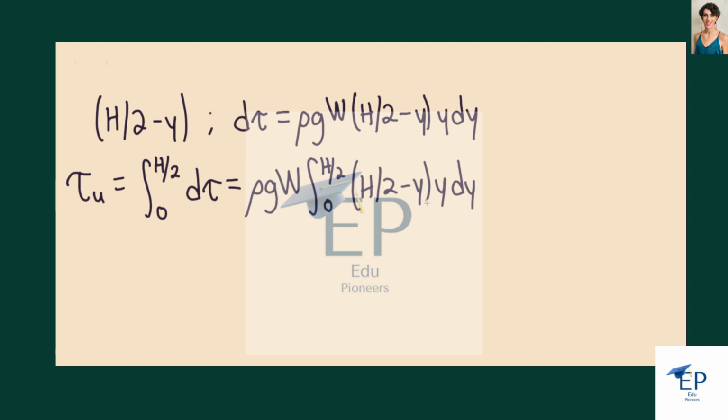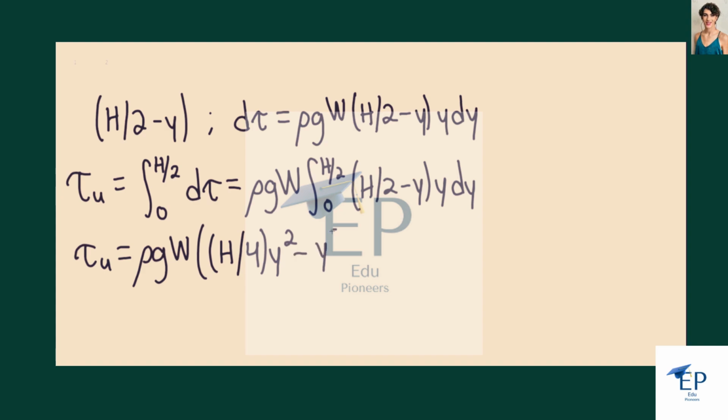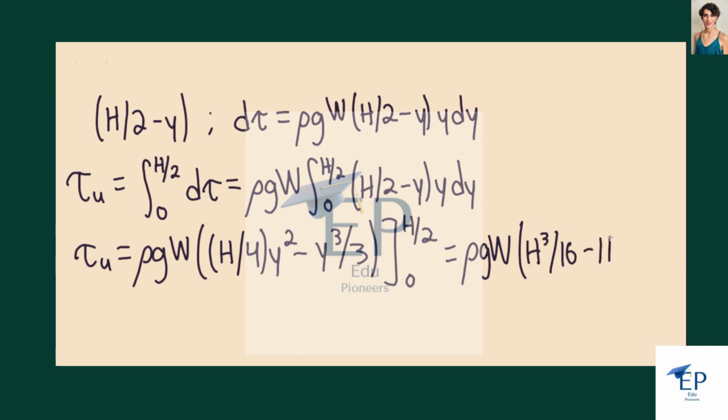And so this is going to equal density g w times h over 4 y squared minus y cubed divided by 3, evaluated at 0 and at h over 2. This gives density g w times h cubed over 16 minus h cubed over 64.